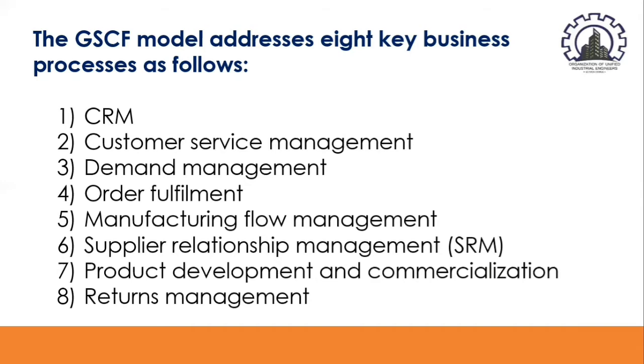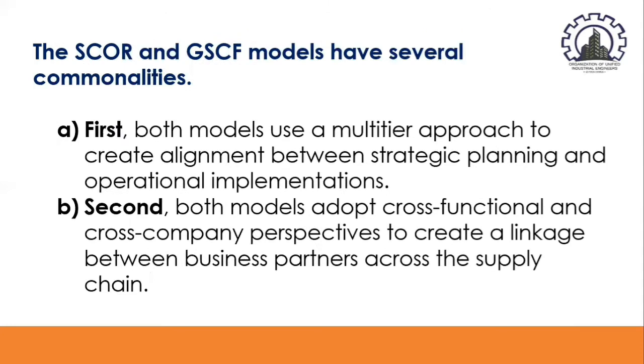Now, the SCOR and GSCF models have several commonalities. So what are their commonalities? First, both models use a multi-tier approach to create alignment between strategic planning and operational implementations. And second, both models adopt cross-functional and cross-company perspectives to create a linkage between business partners across the supply chain.